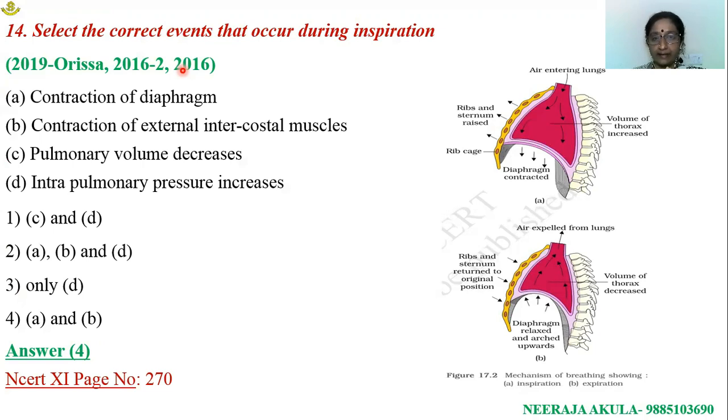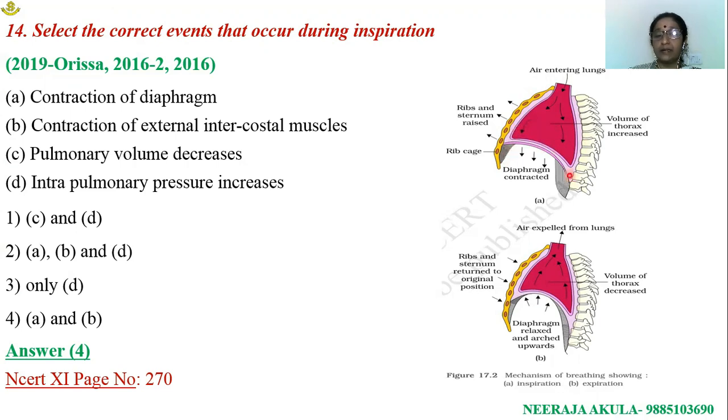During the process of inspiration, when compared with atmospheric pressure, intrapulmonary pressure should decrease. These are the ribs associated with intercostal muscles. During inspiration, external intercostal muscles contract. As a result, the thoracic cavity area increases dorsoventrally.